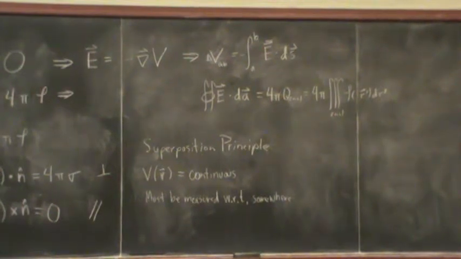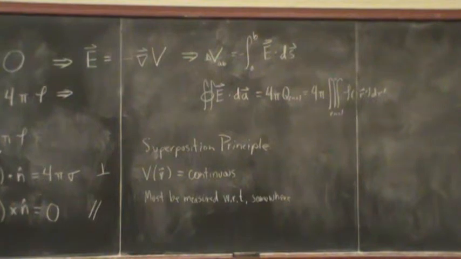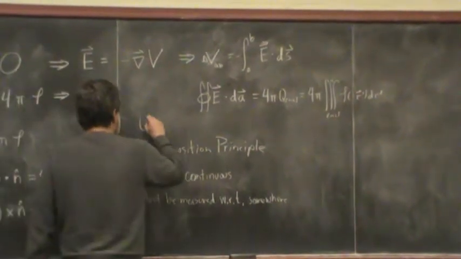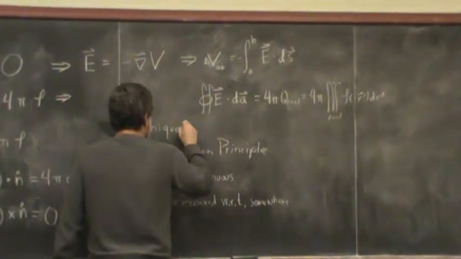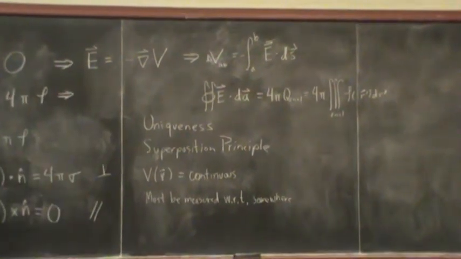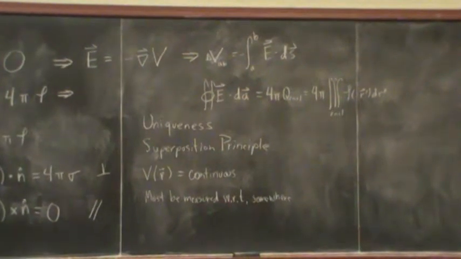Okay? And that actually makes solving some problems much easier. We haven't practiced that, but I'll give you an example in a couple of minutes. And uniqueness. Once you've found the potential that satisfies the boundary conditions and Laplace's equation, you have found the potential.